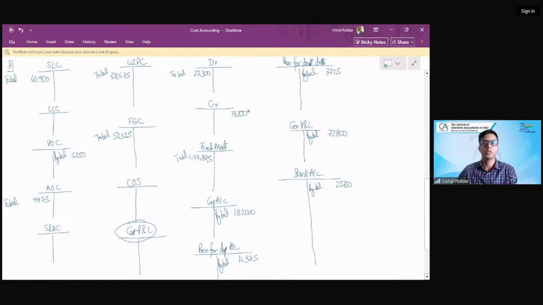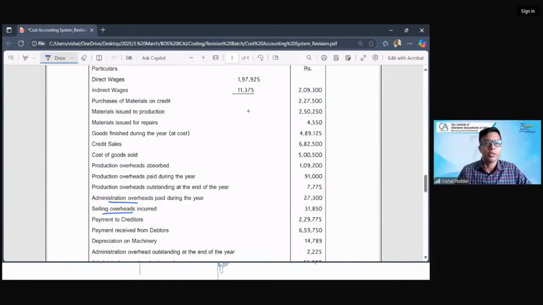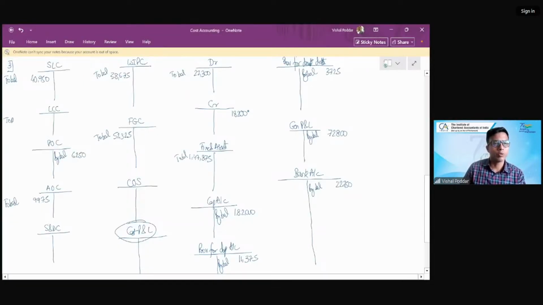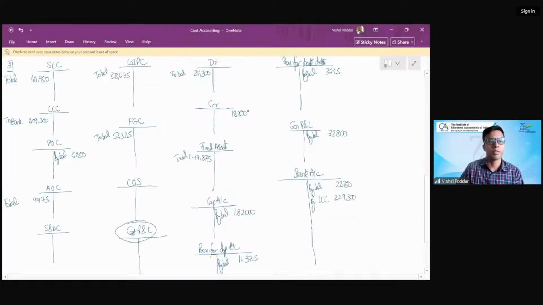Now we go to the entries for the respective transactions. Now see, wages are always given in two parts, direct and indirect. In case of wages, the total wages incurred is 209,300. So it is to bank 209,300 and in bank by LCC 209,300, right? Now out of this, the breakup is 197,925 and 11,375.